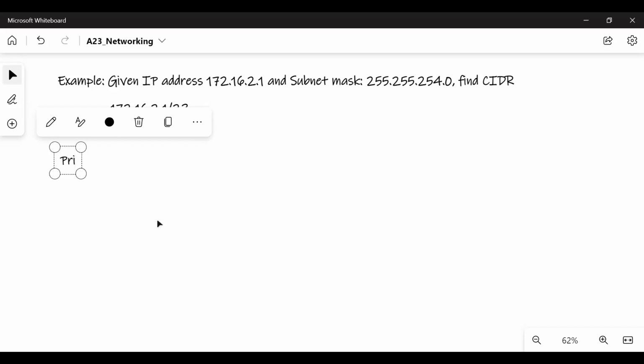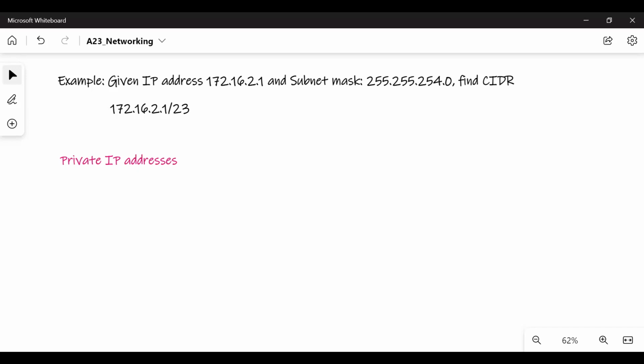Let's write down private IP addresses. So that is what we are going to discuss right now. What do you mean by private IP addresses? Under this one, we can talk about what these private IP addresses are.